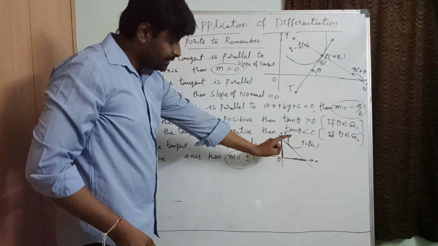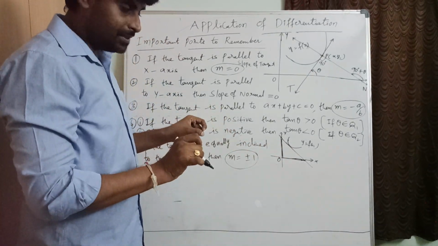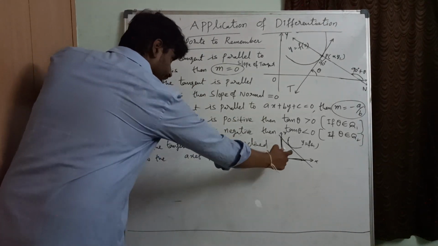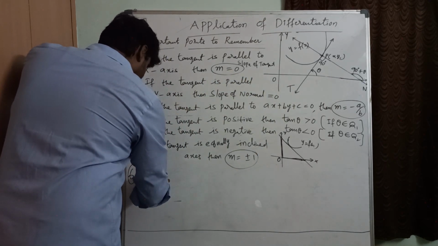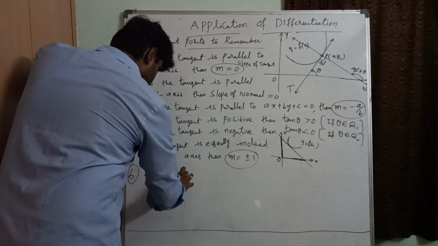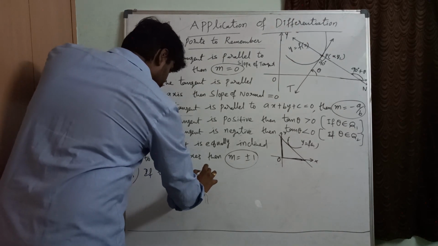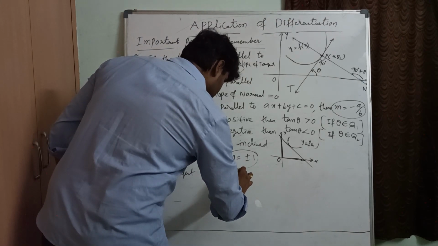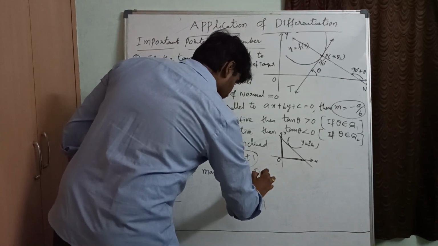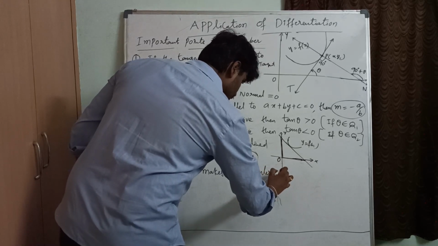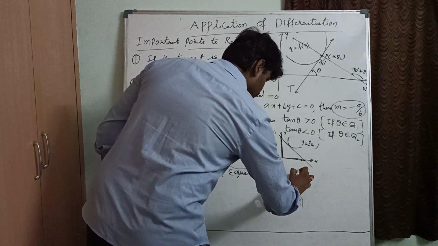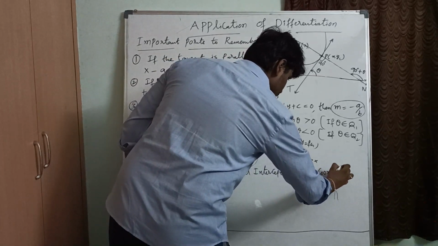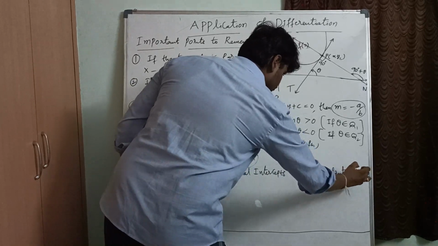Whenever the tangent is making equal intercepts, then dy by dx equals minus 1 in this case. See, let me write this case. If the tangent makes equal intercepts with the coordinate axes, what can I write now here?